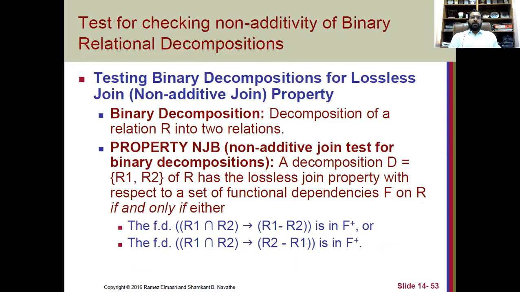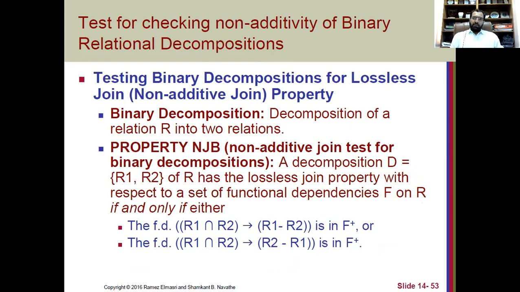Whenever we are talking about decomposing a relation into two or more relations, we have to apply a condition as well, and that condition is called lossless join or non-additive join, which is the testing condition for any binary decomposition.